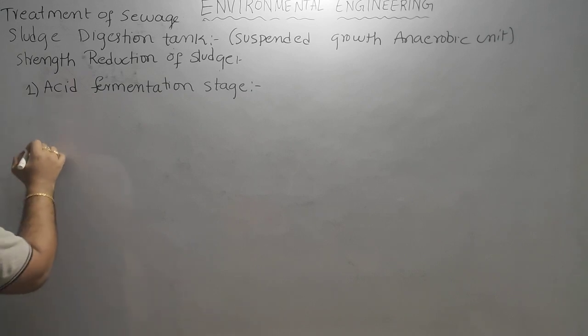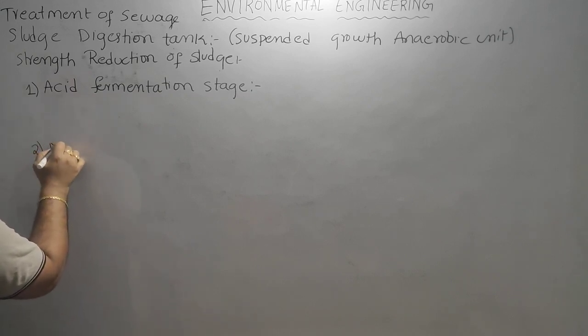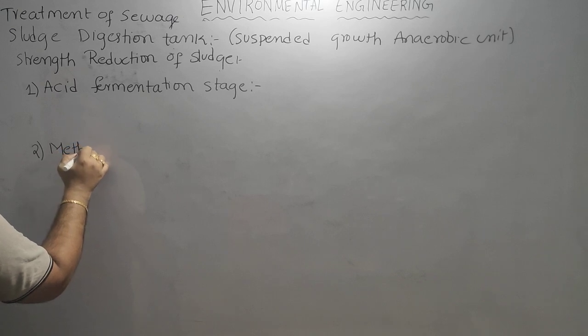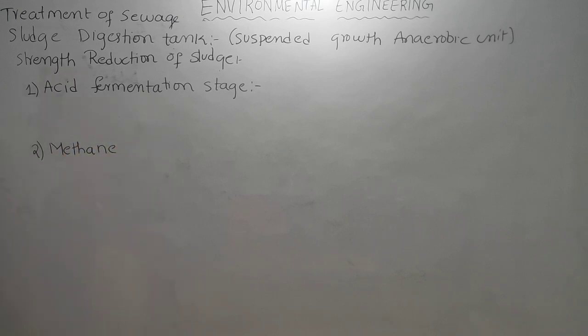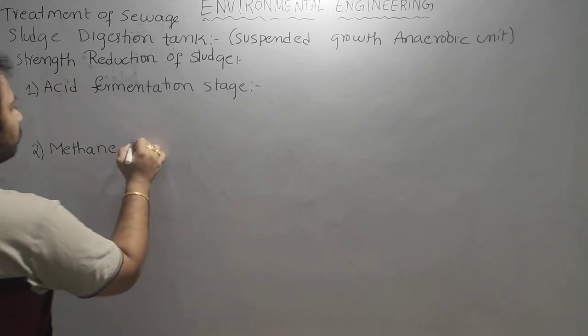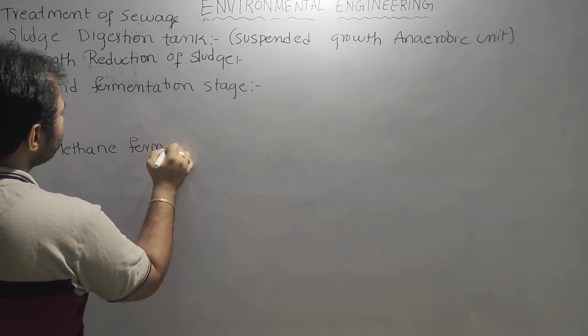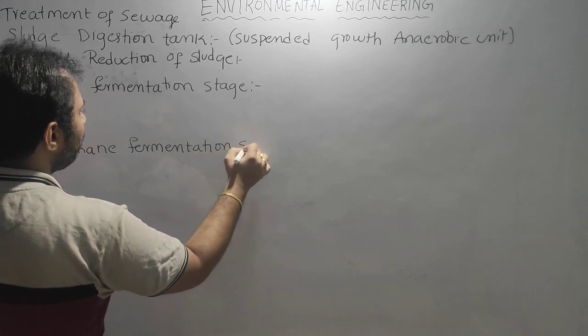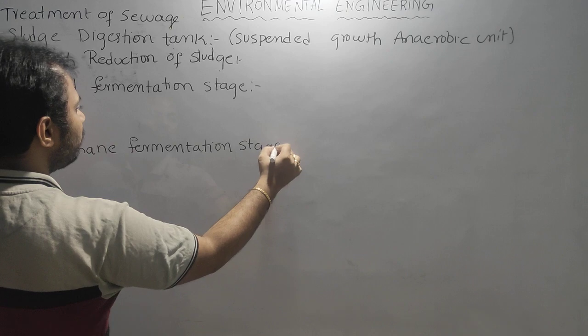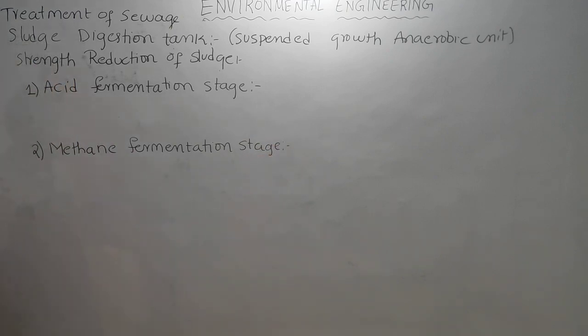And in the second stage, methane fermentation, methane formers come and act on the sludge. They convert the sludge into methane gas and also CO2 and H2S, but majorly 70% of the gas is methane only.